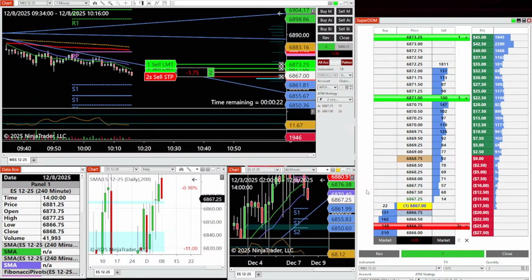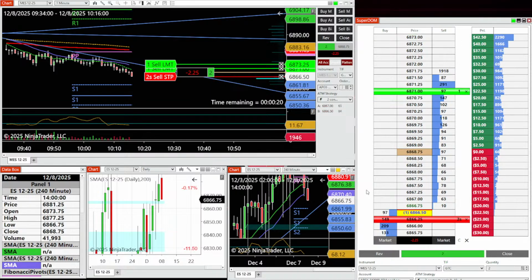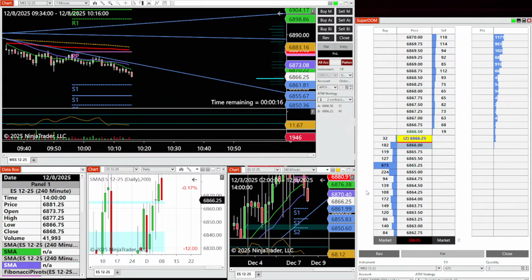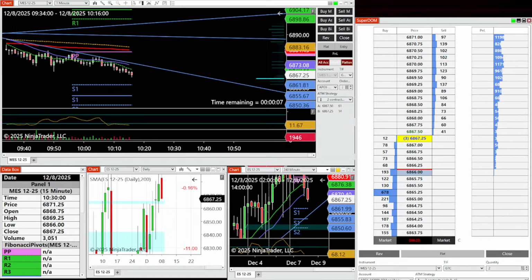Oh, still going down. Still going down. Yep, so that's it. I'm not taking any more trades today. Well, high of the 15-minute bar 69.25. We're still going down.